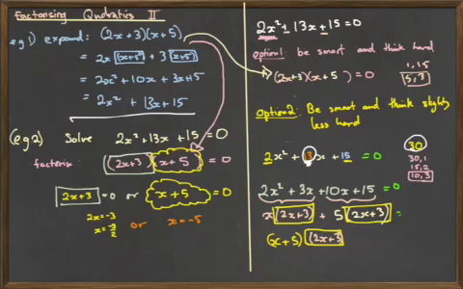I can put these zeros in because the question was solve, and then we would just continue this question in the same way that we did on example 2 over here. So that's how to factorise it using this method.